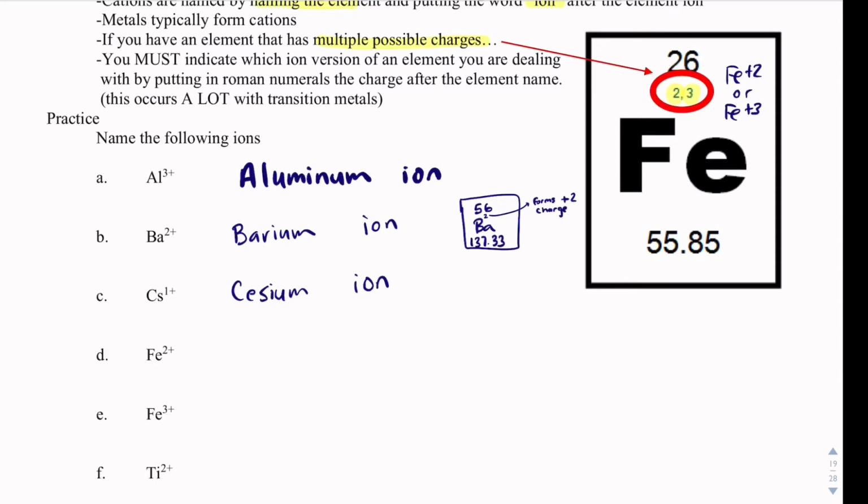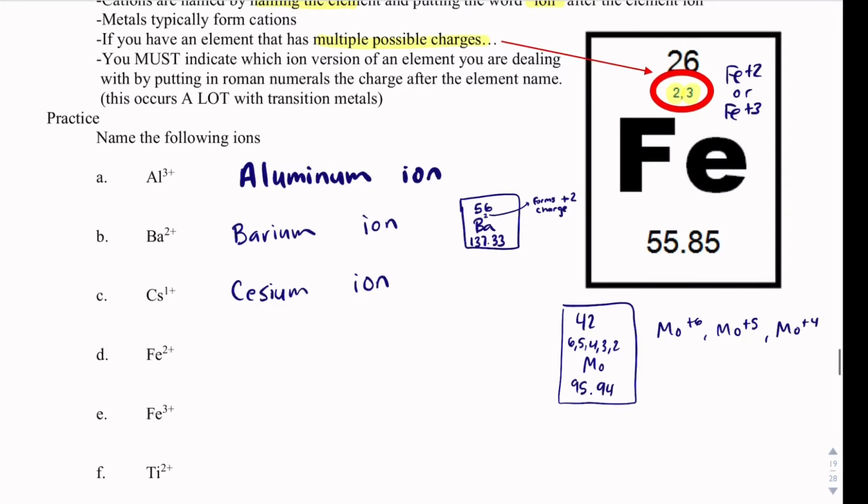We sometimes get to some really crazy elements. If you find box 42, this is molybdenum, and its average atomic mass is 95.94, and it could have 6, 5, 4, 3, or 2, meaning that we could have molybdenum +6, +5, +4, +3, or +2.